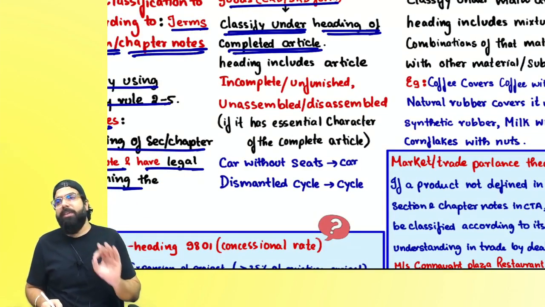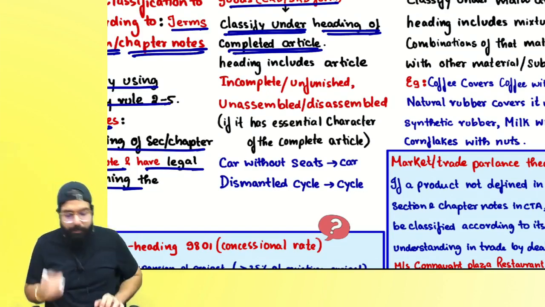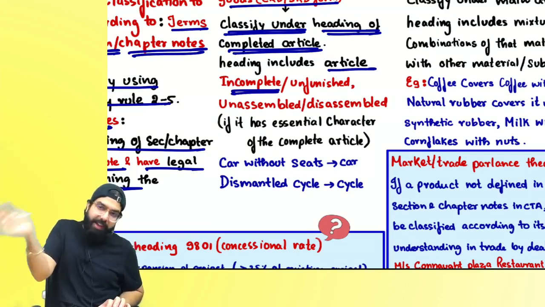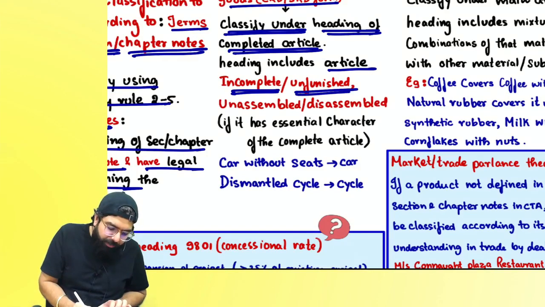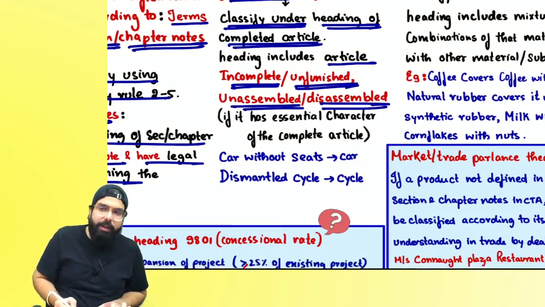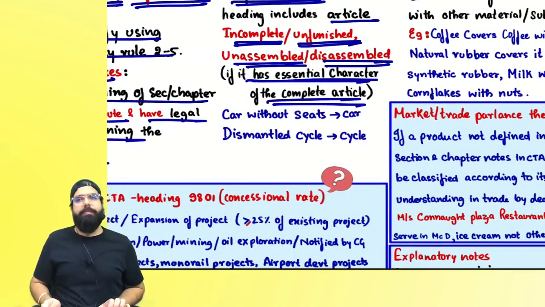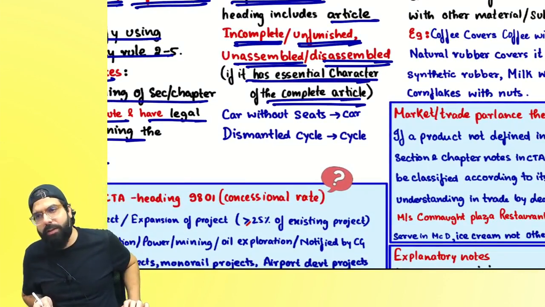The heading of a complete article always includes that article even if it is incomplete, unfinished, unassembled or disassembled, the only thing is it should have the essential characteristic of the complete article. Right everyone?